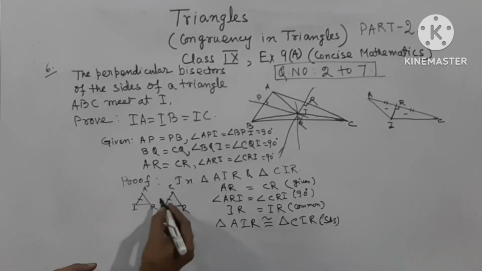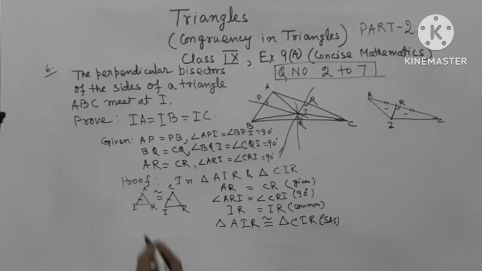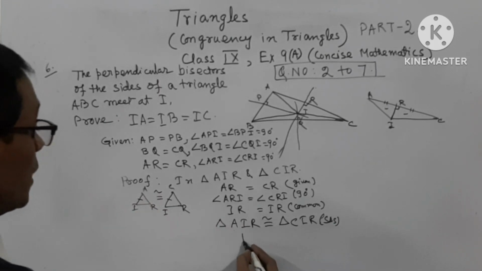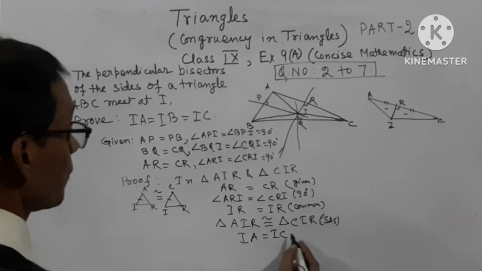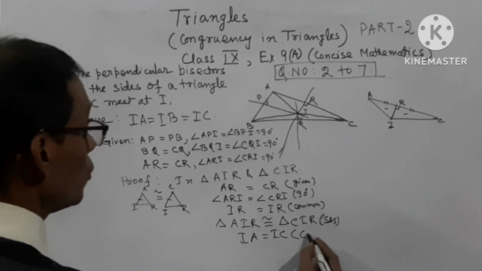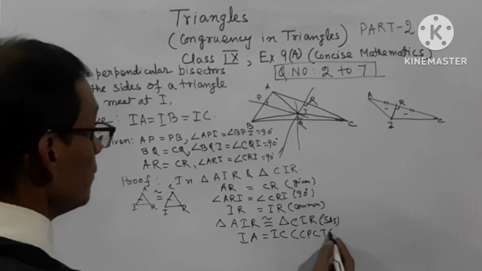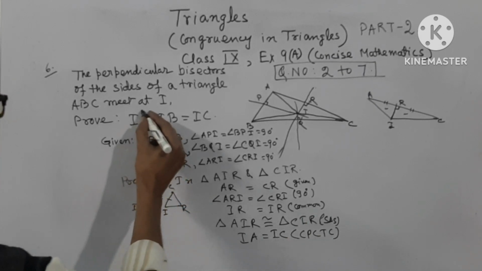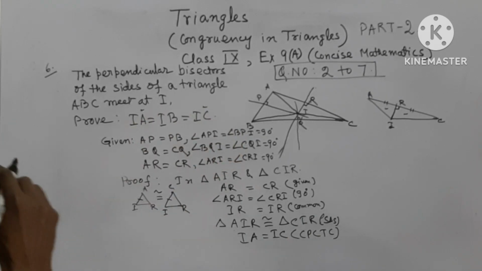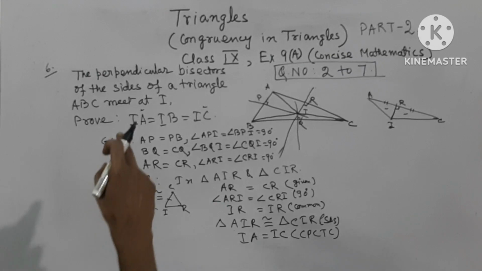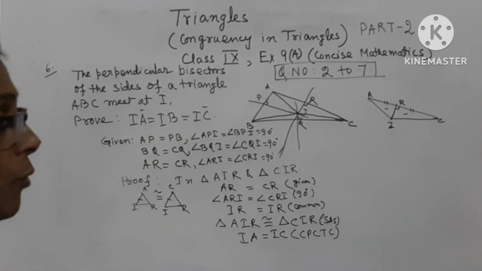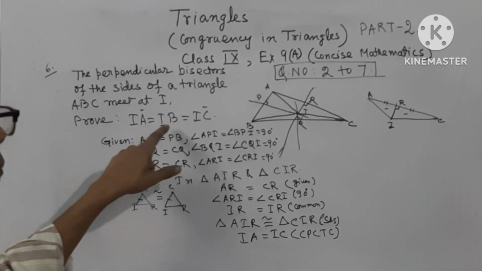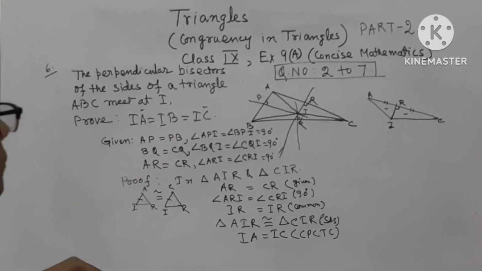Obviously they are corresponding because we have already proved that the triangles are congruent. So IA will be equal to IC, and that is due to CPCTC. If we can prove one more thing, IA equal to IB or IB equal to IC, we can establish IA equal to IB equal to IC.